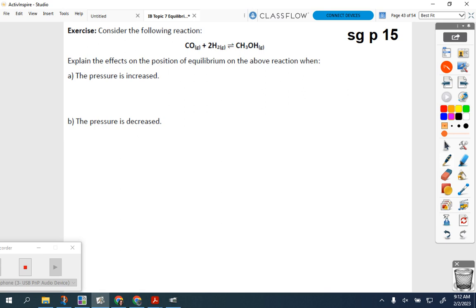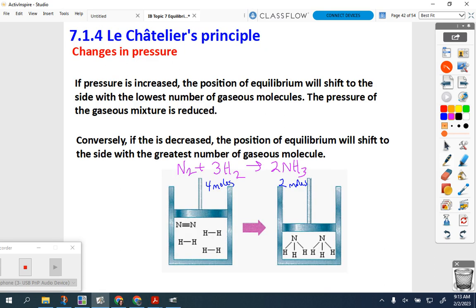So it drives through the one way, right? Increasing pressure drives us to the side with fewer moles. Decreasing pressure drives us to the side with more moles.